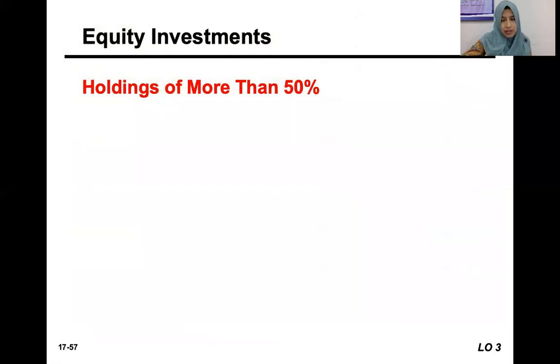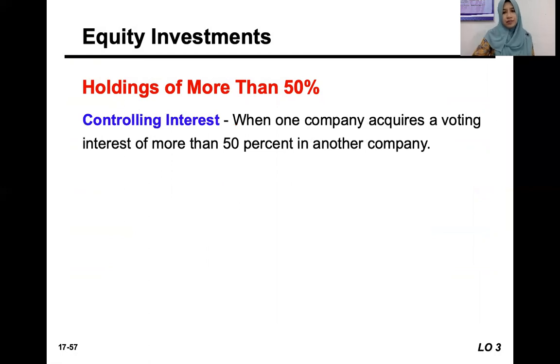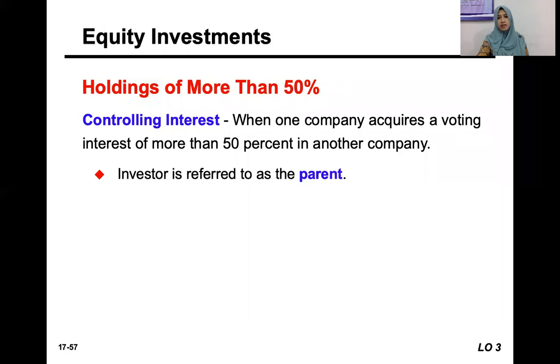Okay, next, the last category based on the ownership interest. The last category of equity investment is where the investor holds more than 50%, which means that the company has the controlling interest of another company, the investee.